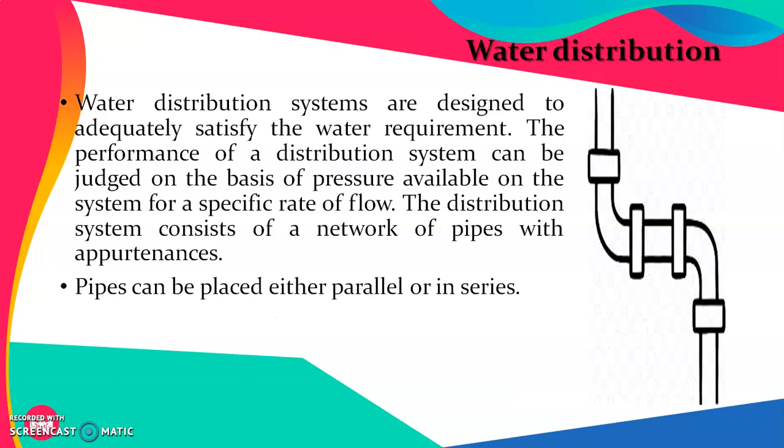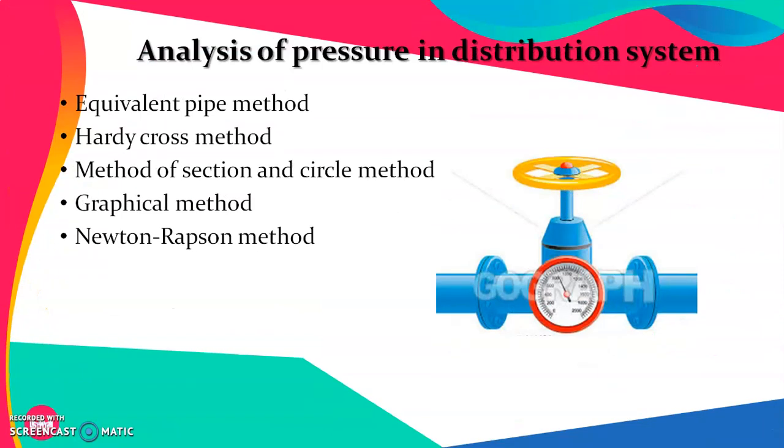Now, these pipes which are forming the network can be laid either parallel or in series. So the most important part in any water distribution network design is to find out the pressure, because water needs to be supplied at a certain pressure.